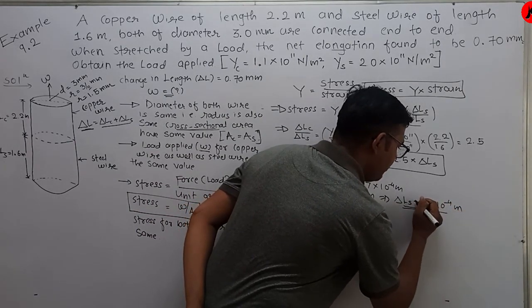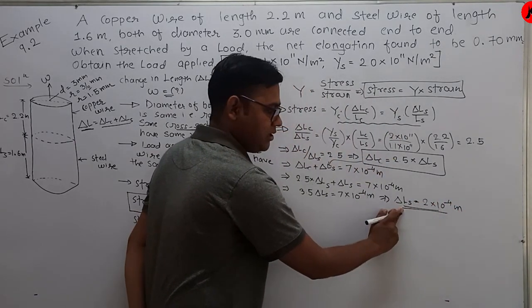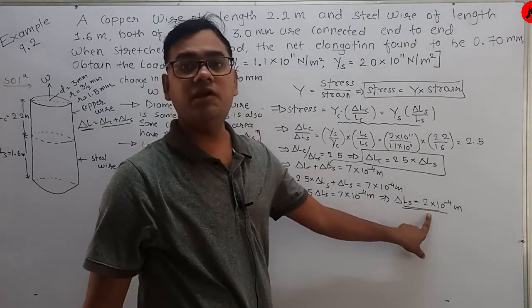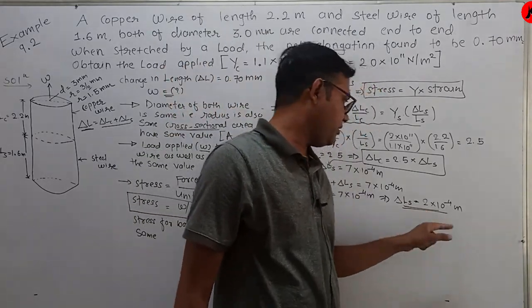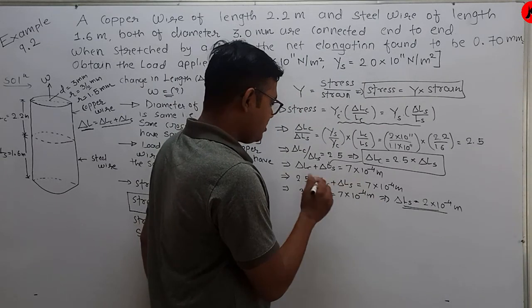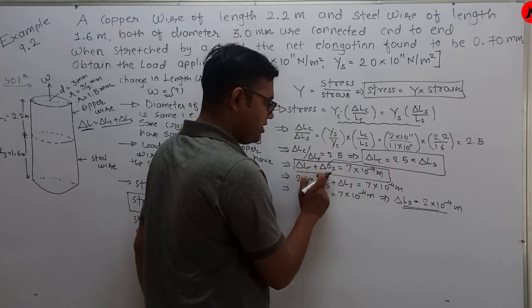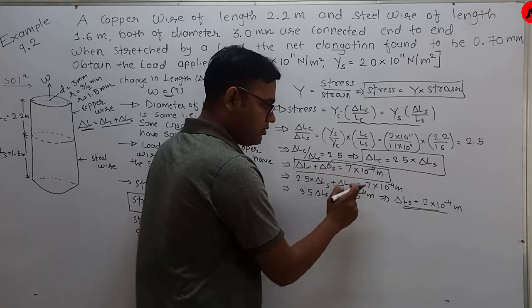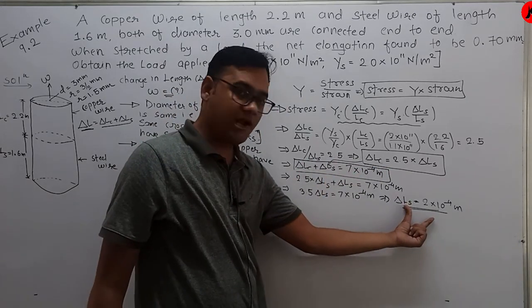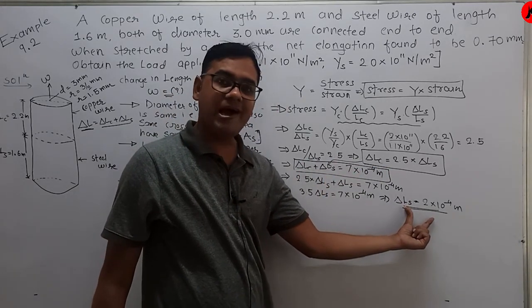So here we have calculated the value of delta LS, which is equal to 2 into 10 raised to minus 4 meter. We have the equation delta LC plus delta LS equal to 7 into 10 raised to minus 4, and we have already calculated the value of delta LS.